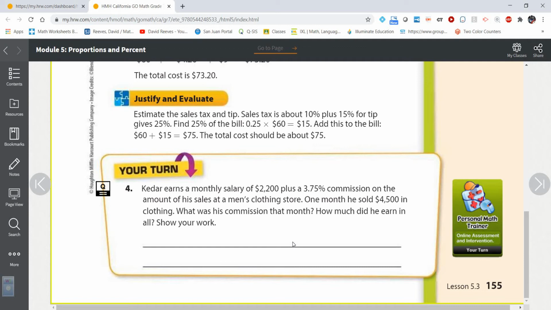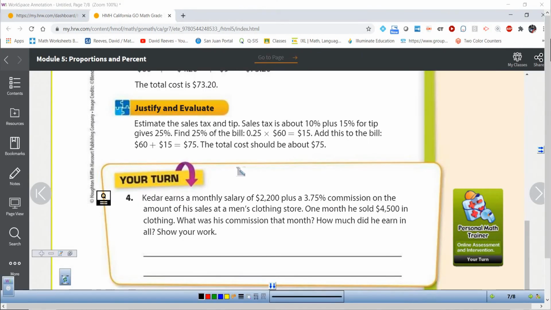All right, so many employers will pay their employees extra a percentage of what they sell. It's an incentive for them not just to work, but to work hard to sell things. So when you have a commission, this is how it works.